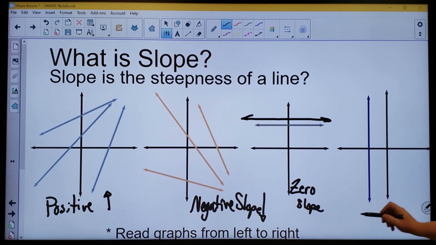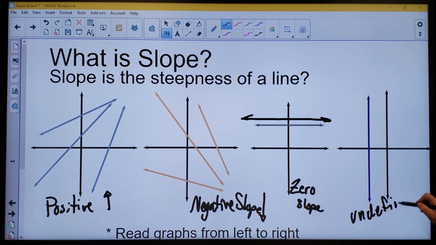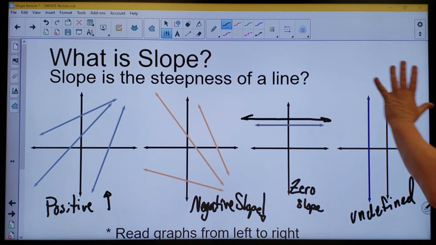And these vertical lines we're going to call undefined. So anytime you see a vertical line on a graph, it's called an undefined slope. And we're going to talk more about what makes it undefined a little bit later. And once again, on this slide, I really just want to reinforce the fact that we always read graphs from left to right.